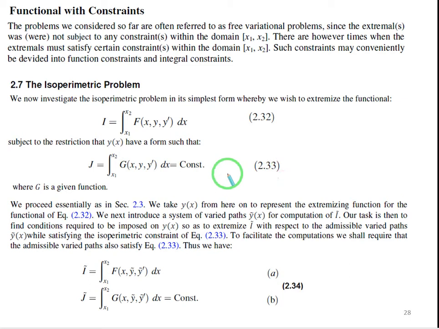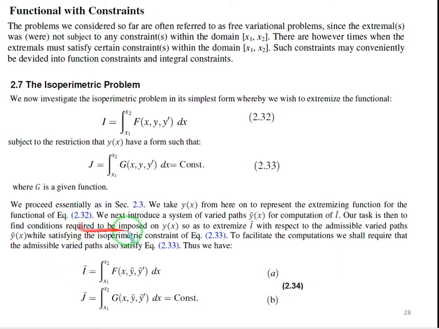Okay, in this kind of problem, we again define y tilde of x as a set of varied paths from y of x, where y of x is our solution. But in the definition of y tilde of x, we have some new definition.